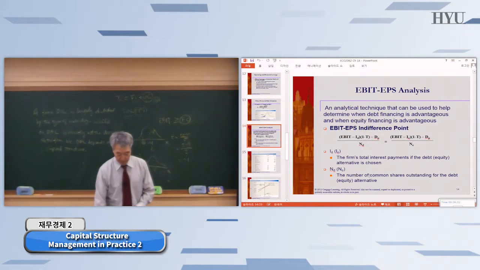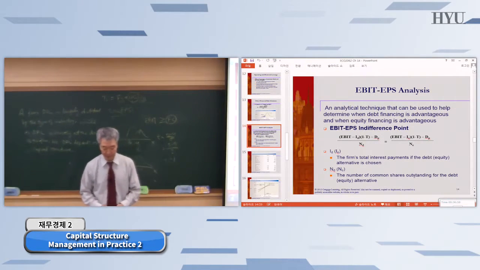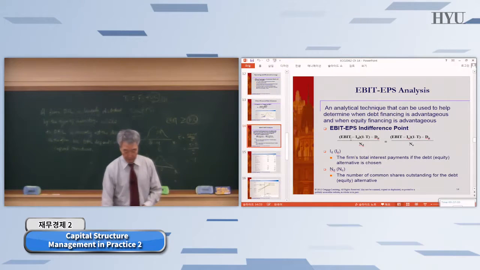ND is the number of common shares for the debt alternative, in case you do the debt financing. So this left-hand side is simply the earnings per share in the case you do the debt financing.